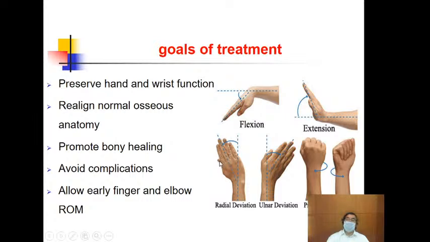This is the radius, this is the thumb. This is the lateral side, this is the medial side, little finger and ulna. So this is ulnar deviation or adduction. But ulnar deviation is the proper word, and all of you can easily remember. And this is pronation and this is supination. All of you know pronation and supination. So these are some of the movements which are seen in association with the wrist joint.